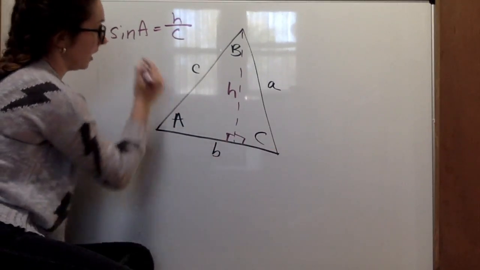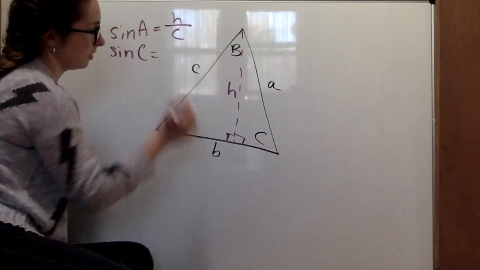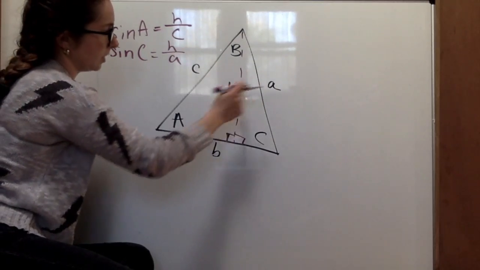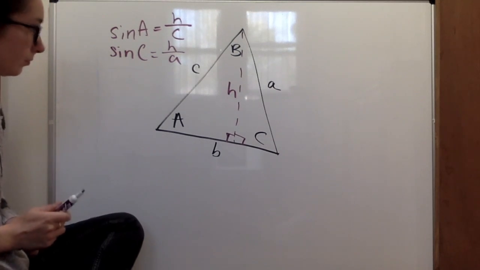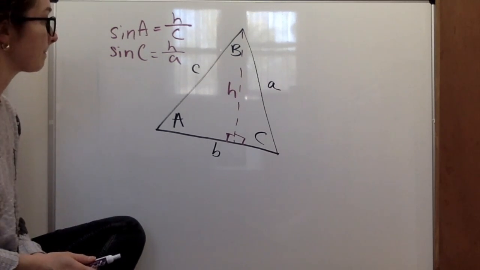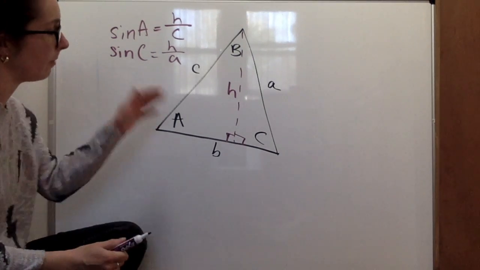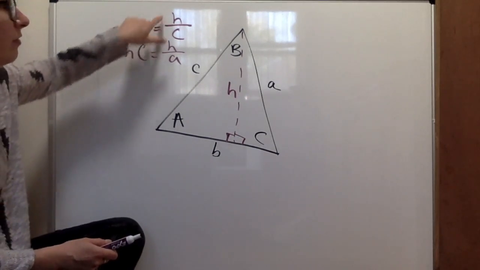I can also say that sine of angle C is h over a, opposite over hypotenuse of that right triangle. Okay, so I haven't really talked about angle B yet, and we'll come back to that in a second. But so now I have an h in both of these.